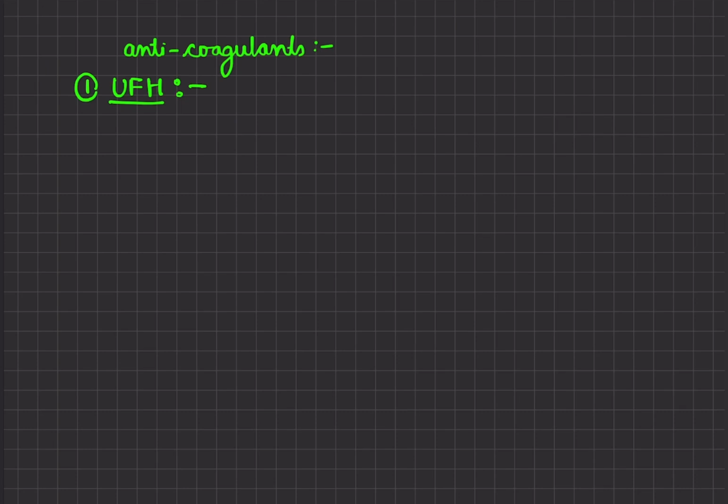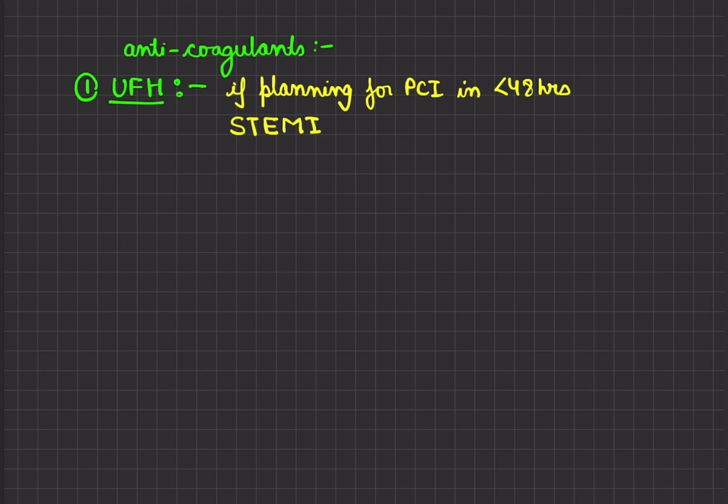This unfractionated heparin is given if planning for PCI in less than 48 hours. We can use this unfractionated heparin in ST elevated MI or in patient with renal failure.